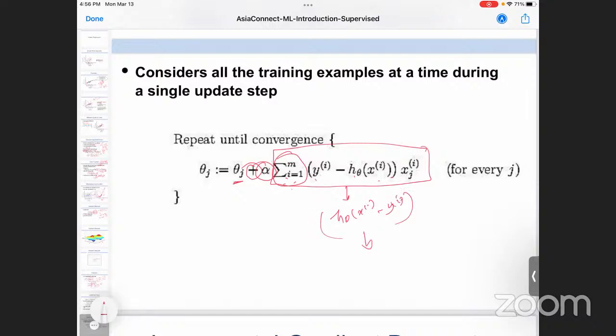Now we are using just the negation of this, y i minus h theta of x i. That's why this negative becomes positive. And this will run for every j. Every j means if you have n dimensions, then you have to run this for every j. And this will continue. It may run for 100 iterations or 1000 iterations until the program finds the minimum.